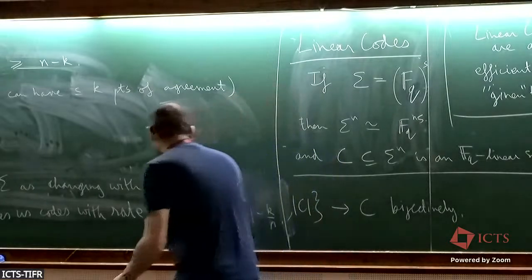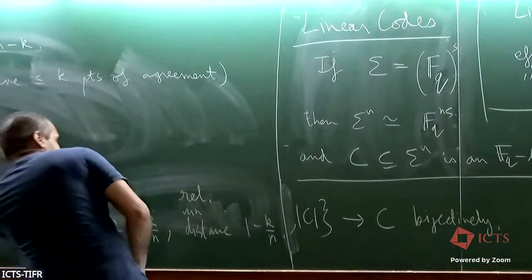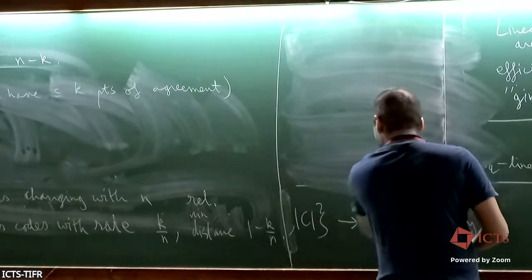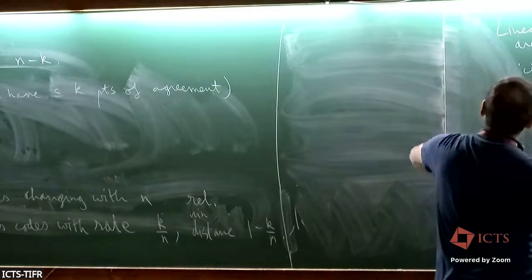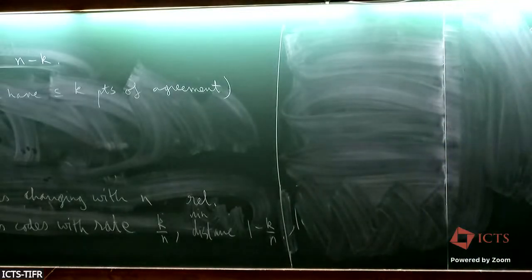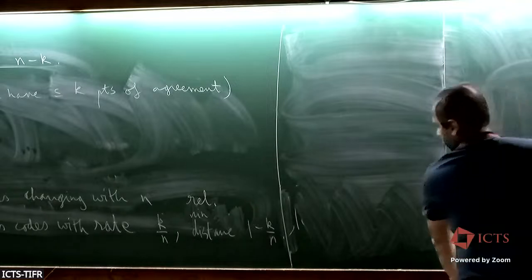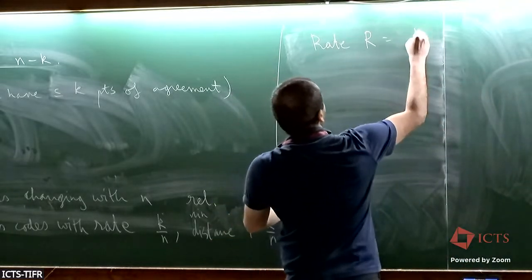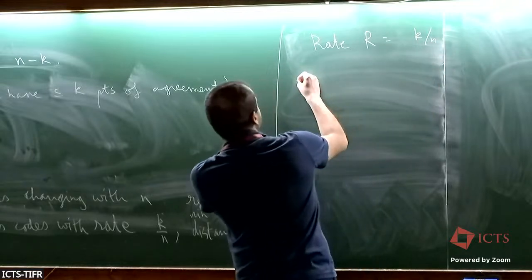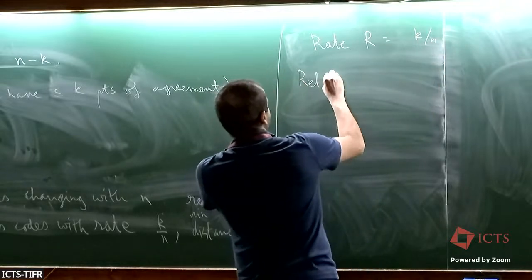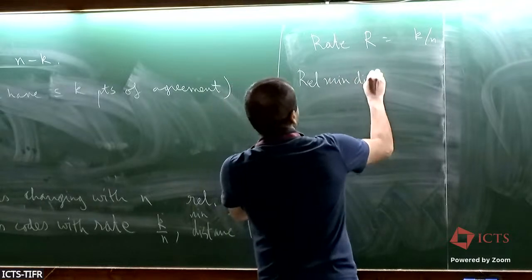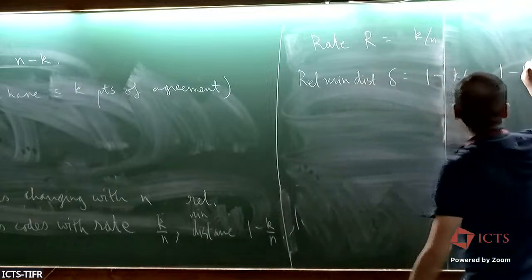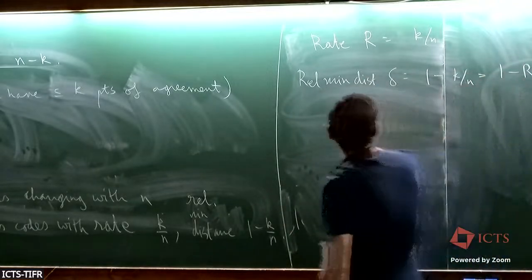And this is rate k over n. So the rate r is k over n, and the relative minimum distance delta is 1 minus k over n, which is 1 minus r. And this gives us the trade-off.